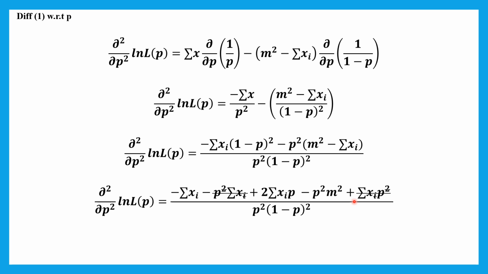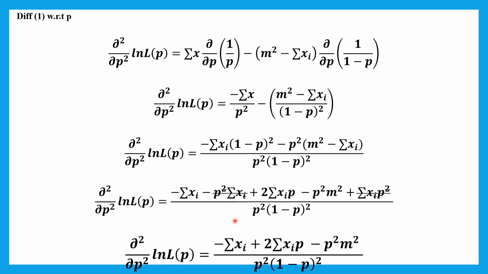This summation xi p square and this negative p square summation xi will be cancelled out. We have minus summation x plus 2 summation xi p minus p square m square.